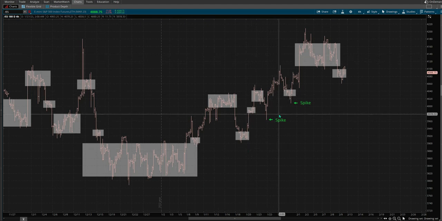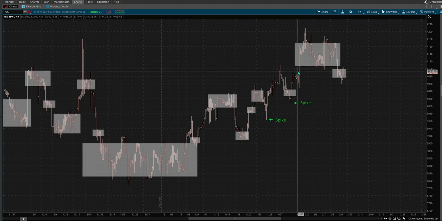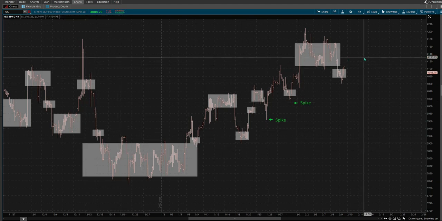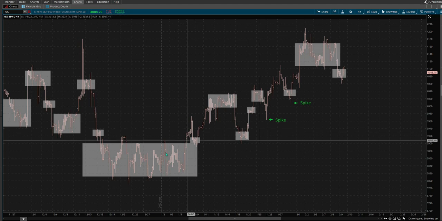I use a 4-hour and a daily chart, and sometimes I'll use a 30-minute chart just as a reference when I'm getting into a market. But this is pretty much what I look at, the 4-hour and the daily. So that's what I'll stick with for now, and I'll show you the other resistance and support lines on the other time frames. For now, this is what we've got.